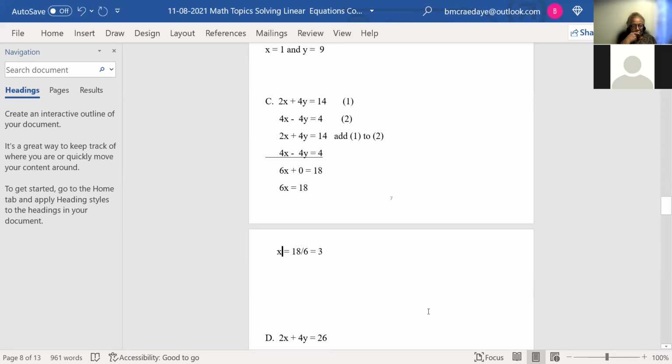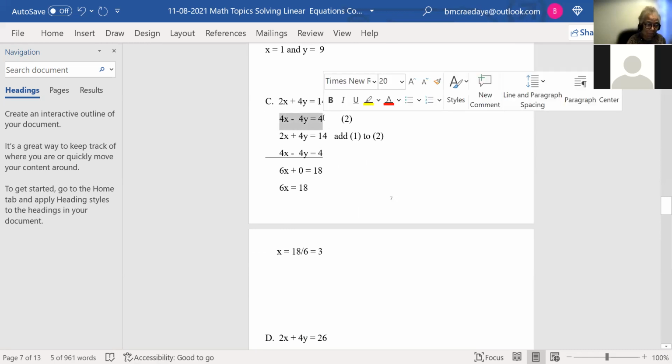Okay, I can use equation 2, the 4x minus 4y. That's the one I'm using. Okay, so tell me what you get for y. Okay, you're using this equation.